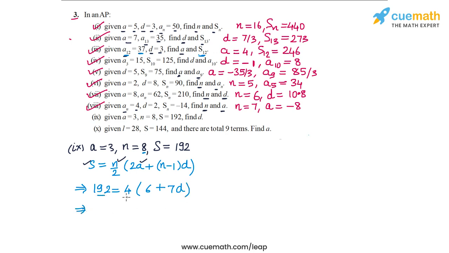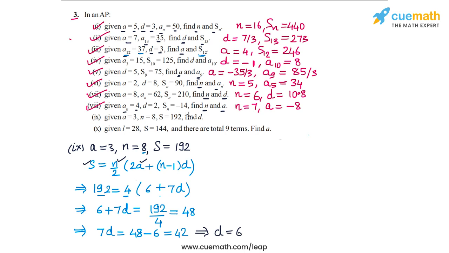So now we get 192 is equal to 4 into 6 plus 7d, divide by 4 on both sides, so we get 6 plus 7d is 192 by 4, that's equal to 48, and from here we get 7d is equal to 48 minus 6, or 42, and this means that d is equal to 42 by 7, or 6. So the common difference in part 9 is 6. So the answer in part 9 is that d is equal to 6. So that completes part 9.